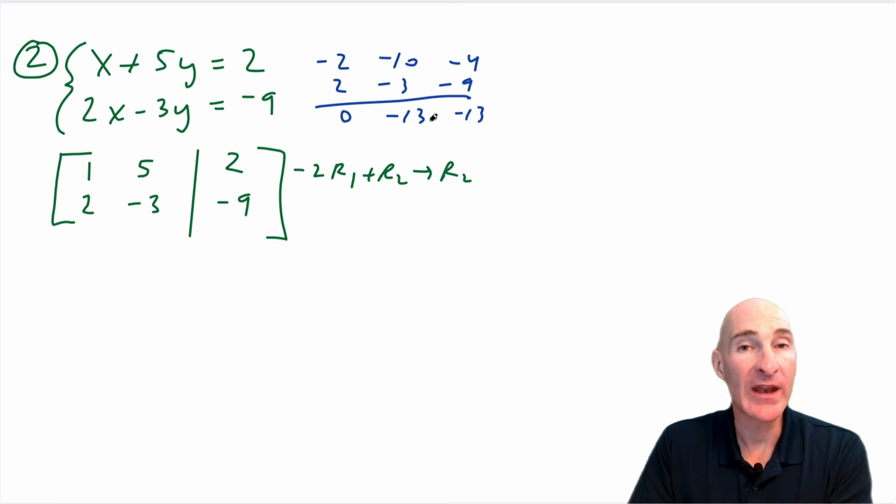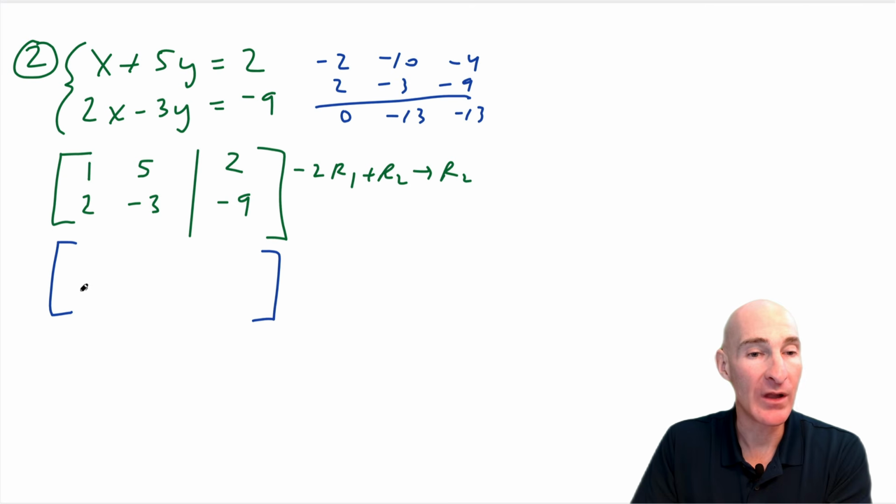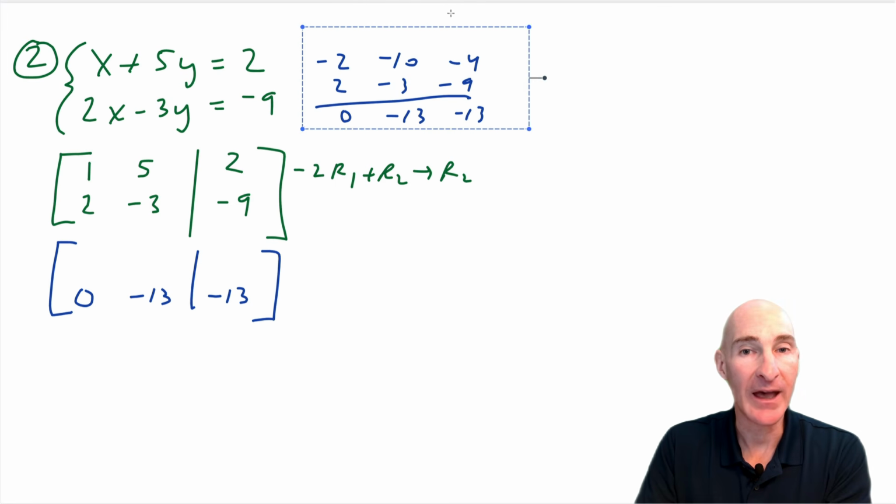This is the kind of work that I would do maybe on a scratch piece of paper or off to the side. Eventually you can just do this in your mind. You don't have to write it down. So let's go ahead and write that down. So 0, negative 13, negative 13. Okay, so I'll just erase this here so we don't need to look at that.